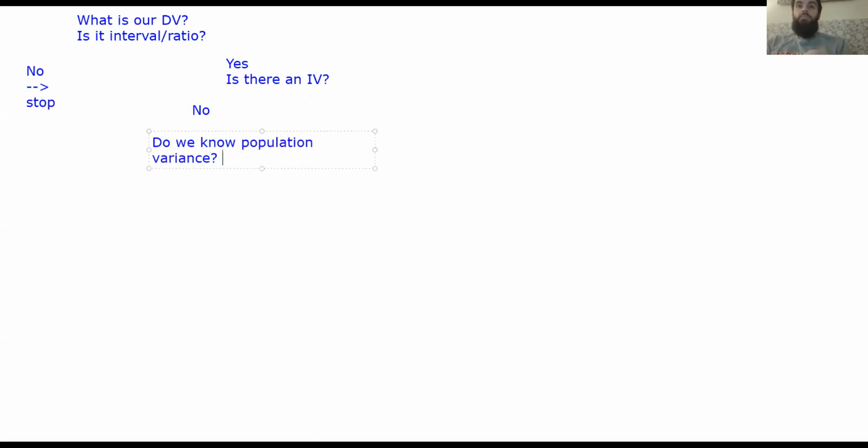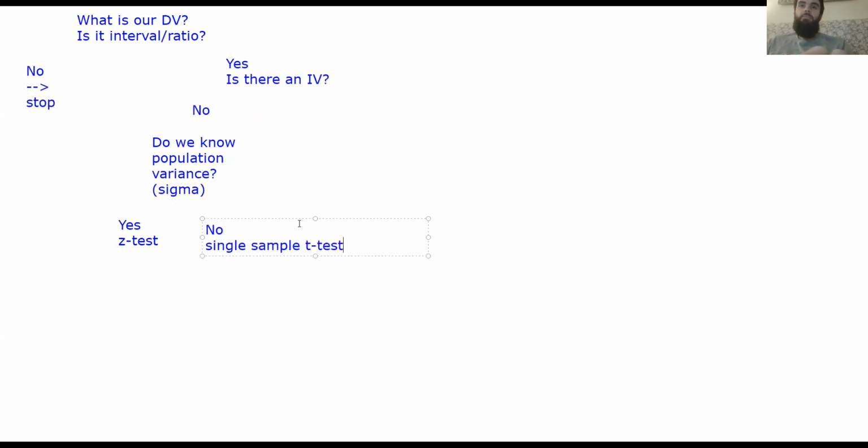So that's sigma, the funny looking 6 thing. If we do, then we run a z-test. If we don't, then we run a single sample t-test.